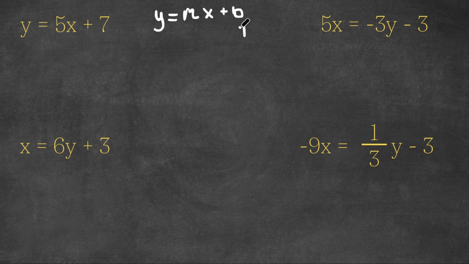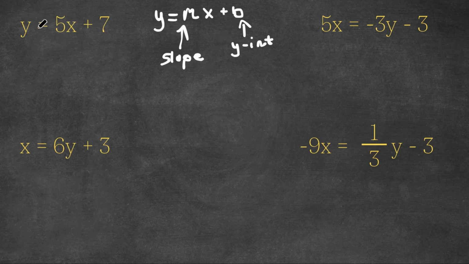B here is our y-intercept, and m is our slope. So all we have to do is take the slope and the y-intercept from the equation.